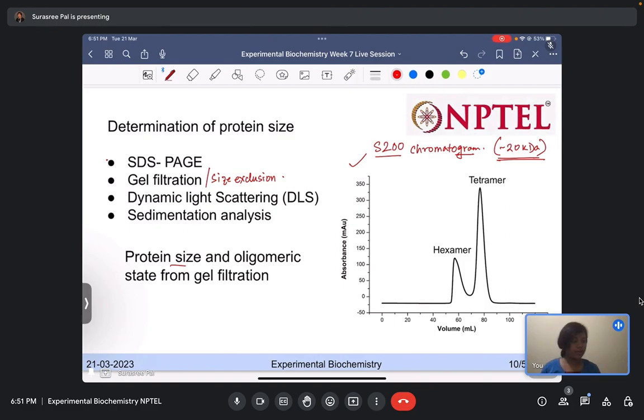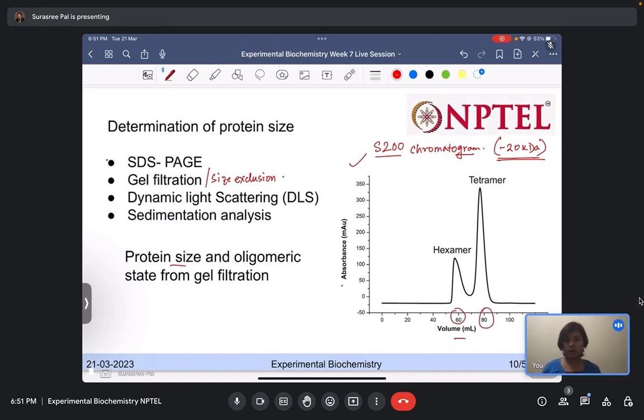From the graph of retention volume with absorbance, we can see there are two peaks that have formed here. One peak at approximately 80 ml of retention volume and another peak at approximately 60 ml of retention volume.